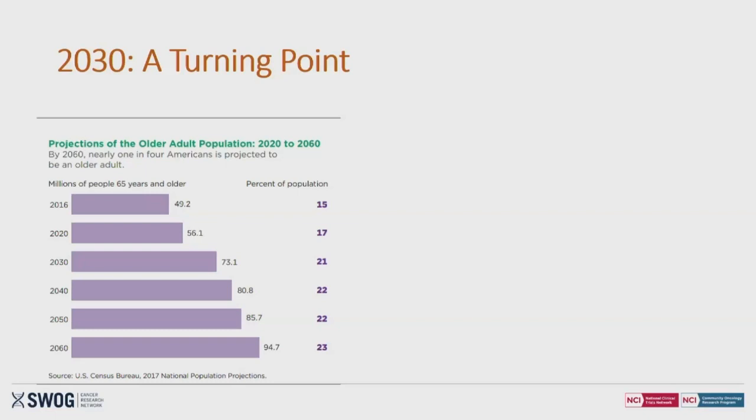And the number of people 85 and older is expected to nearly double by 2035 and triple by 2060. So by 2060, about 19 million will be older than 85. And by 2034, older adults will outnumber children for the first time in the US.